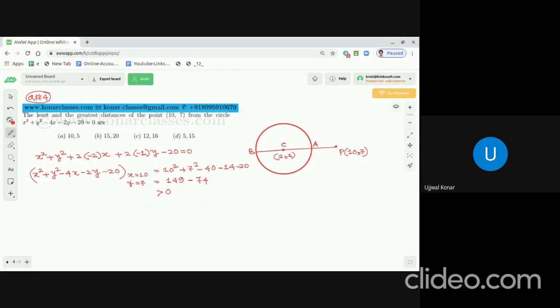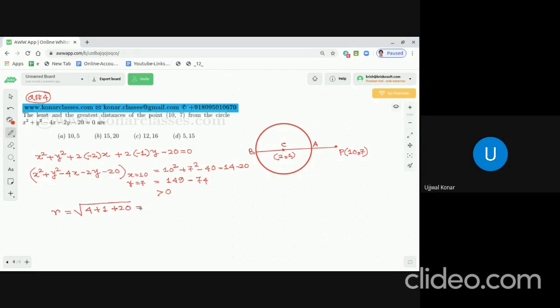First we need to find out the radius of the circle. So radius of the circle is equal to square root of g square plus f square minus c. G square is 4 plus f square is 1 minus c, which is minus of minus 20, that is plus 20.